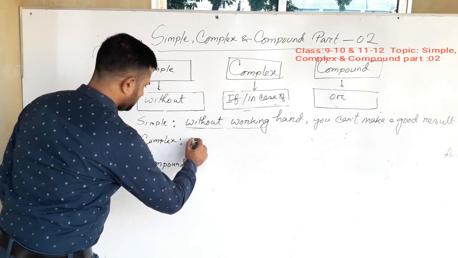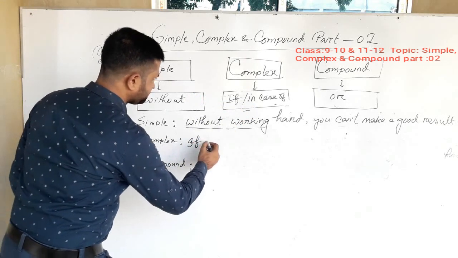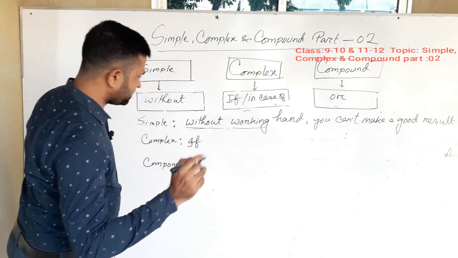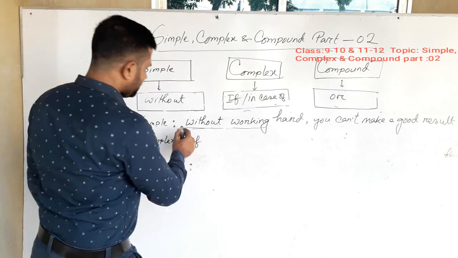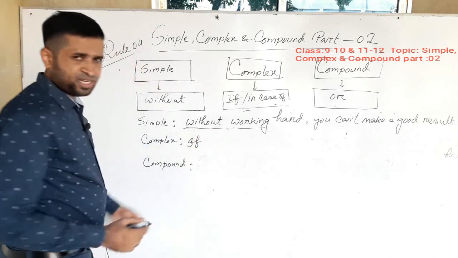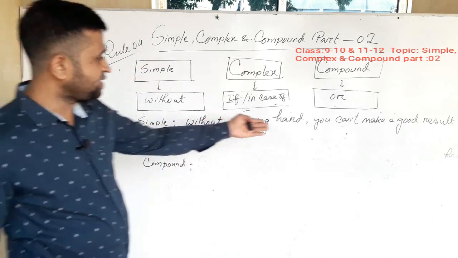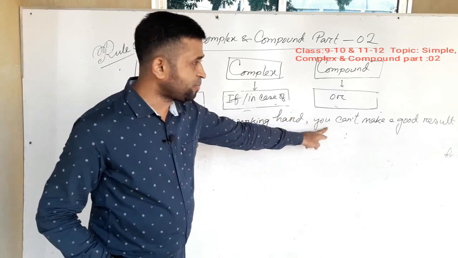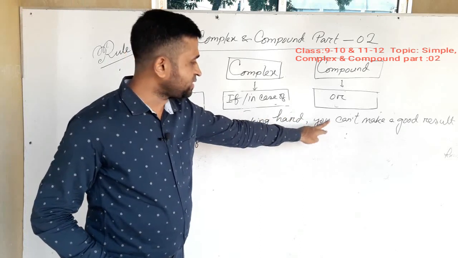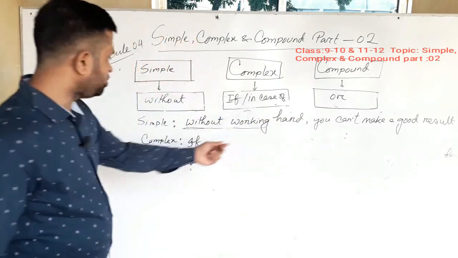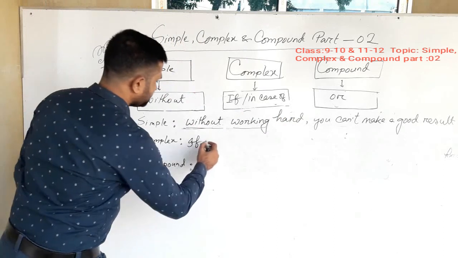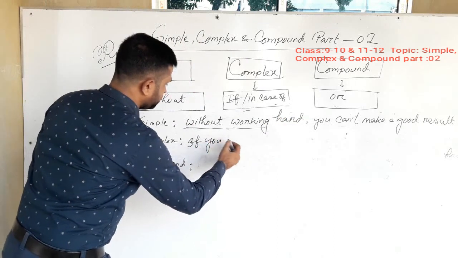Write down: If. Dear students, remember that at the very beginning of the sentence there is no subject. This subject is silent, but you should bear in mind that in our principal clause the subject is you. That is why we should take the subject you. That means, if you.